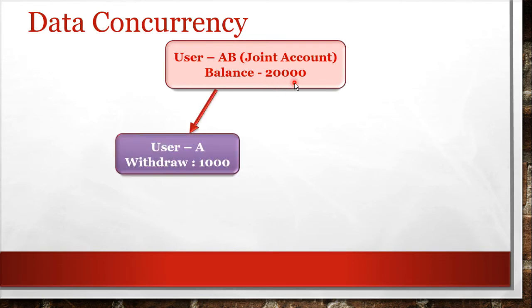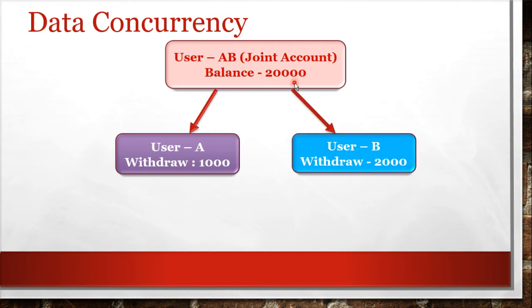User A has a separate ATM card for the same account, and user B has a separate ATM card for the same account, and both users try to withdraw some amount from different locations at the same time from the same account. User A inserts the ATM card, user B inserts the ATM card, user A views the balance as 20,000 and user B also views the same balance as 20,000.